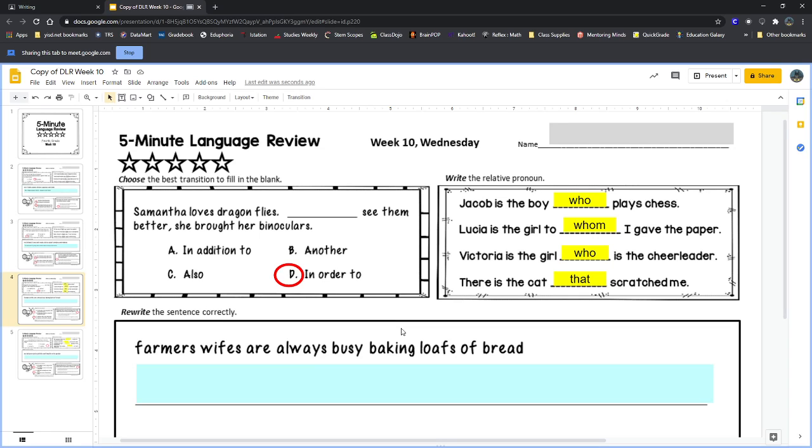The F in farmers has to be capitalized. It's the very first word in the sentence. It should always be capitalized. Kylie, what's another mistake? Loaves is spelled wrong. Good catch. How should I spell it if I want to spell it correctly?